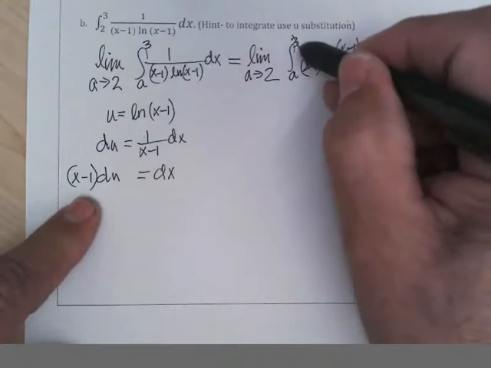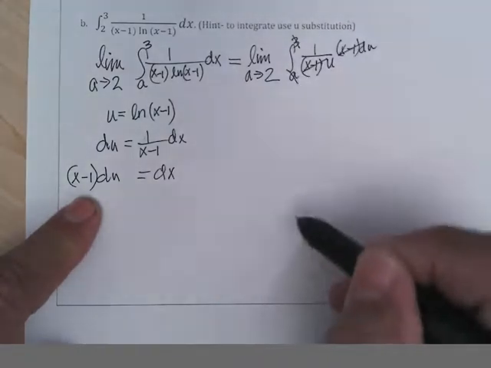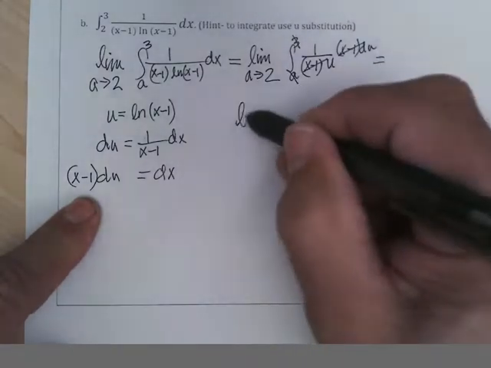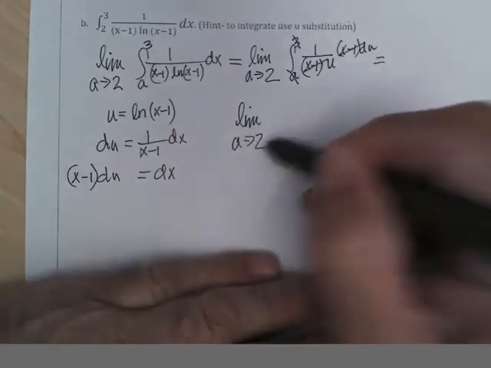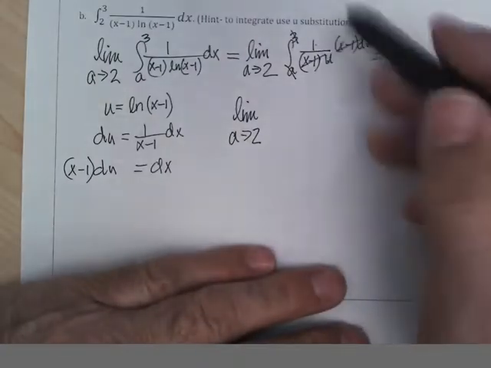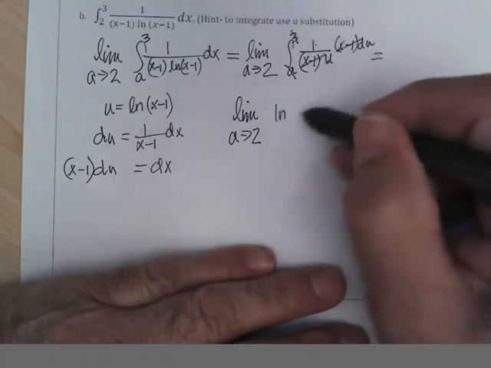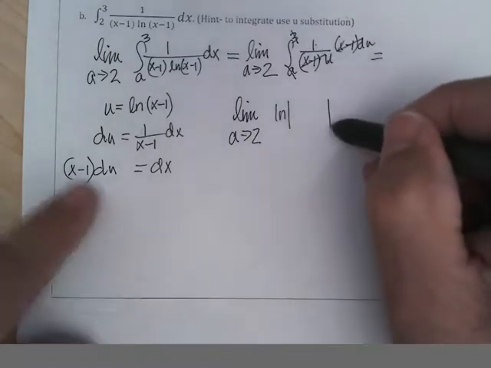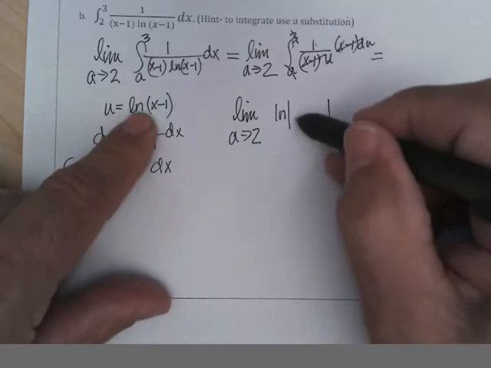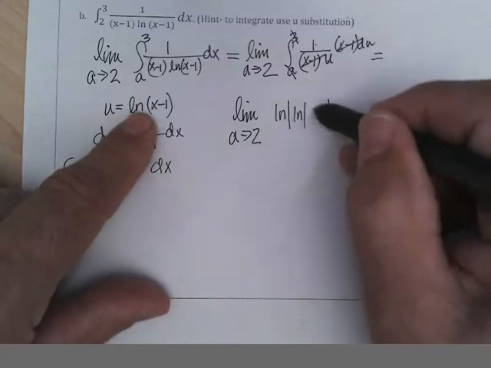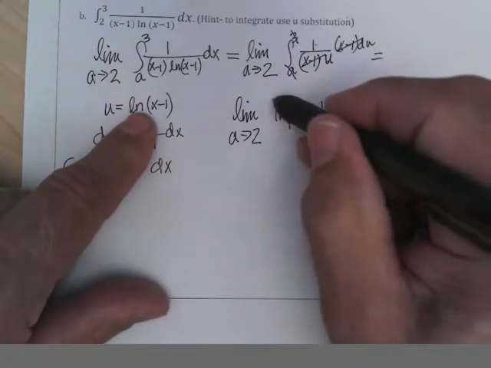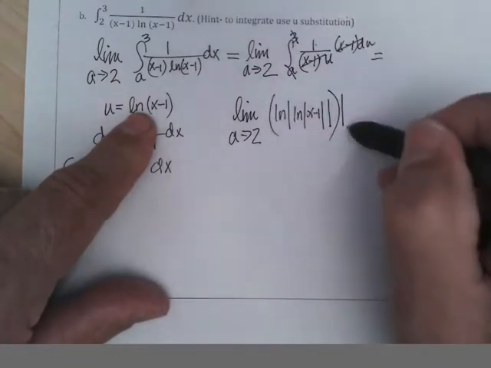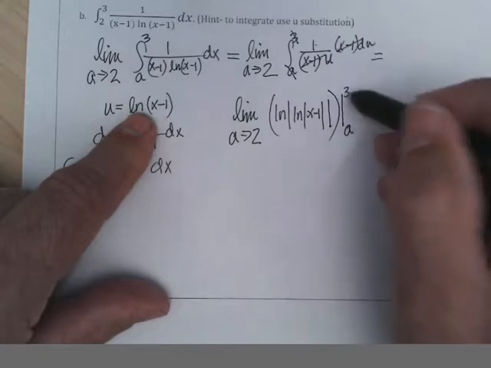Oh, and these are not the same because now I'm in u. But I get the limit as a approaches 2 of the antiderivative of 1 over u is ln of u. Now I can go back and put in what u was, which is ln of x minus 1. So I got ln of x minus 1, evaluated from, now I'm back in x, so a to 3.